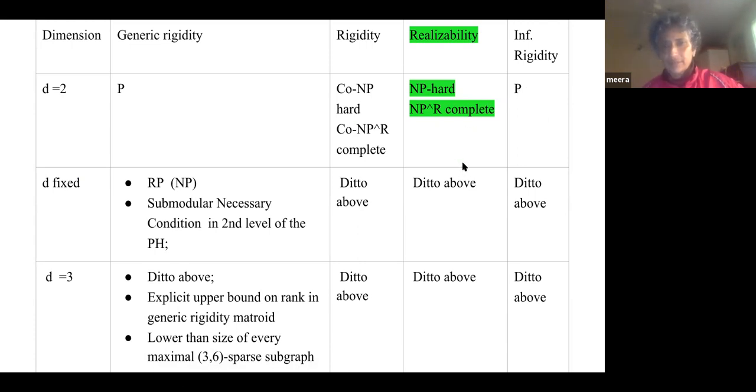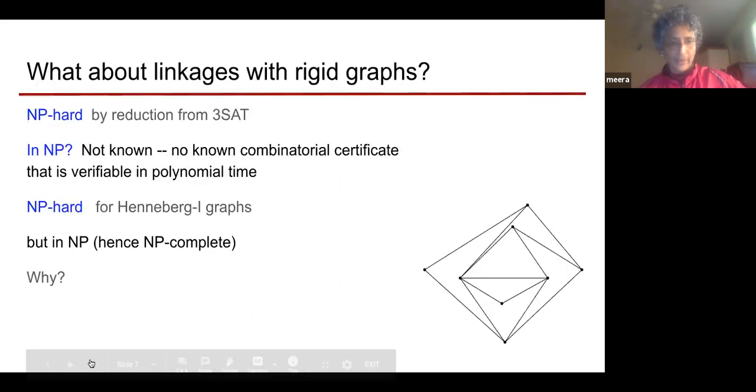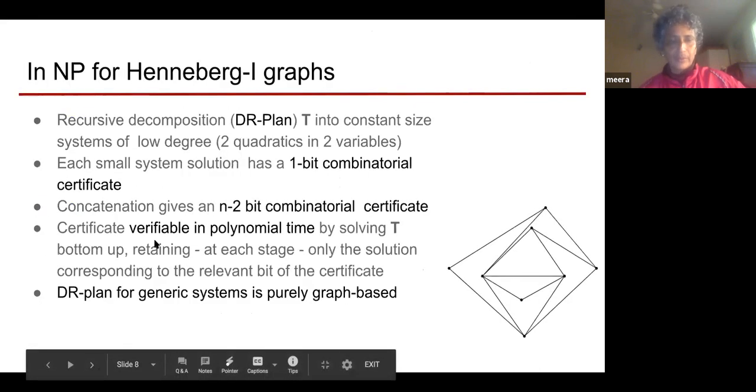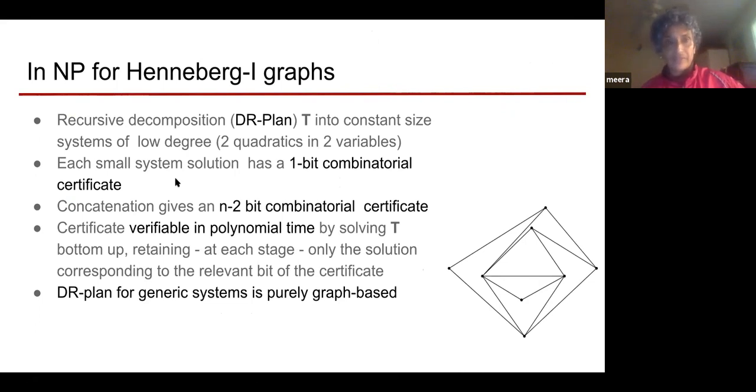These are the general complexities, just to give a calibration of what complexity different problems have. Okay, so for Henneberg 1 graphs, which are also called zero extension graphs, just the question of the existence of a realization.